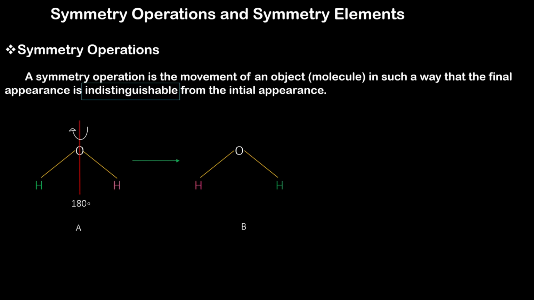Next, we rotate orientation B by 180 degrees and we get another orientation, that is C. We can see that orientation C and the original orientation A cannot be distinguished even if we have differently colored hydrogens. So here we see that orientation B is known as an equivalent orientation and C is known as an identical one.